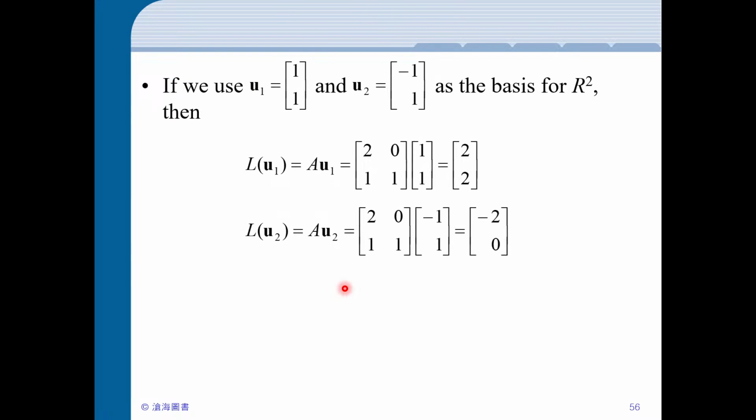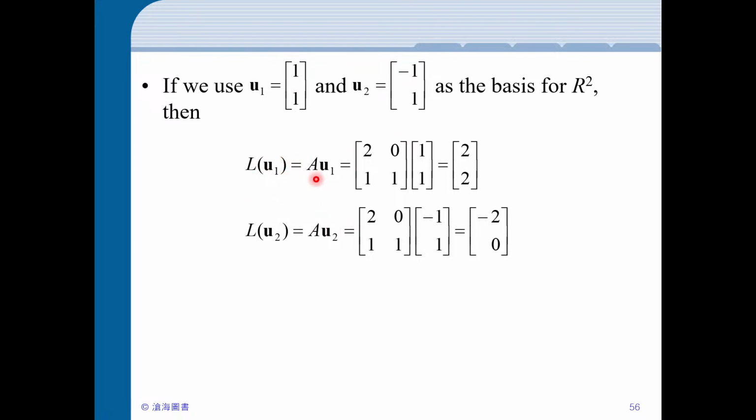So now we change the basis. We want to use these bases U1 and U2 for starting and end, and they are weird vectors: 1, 1 and -1, 1. We want to find what U1 got mapped into and what U2 got mapped into.